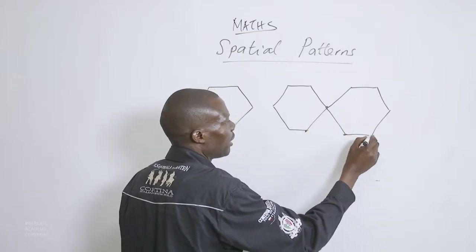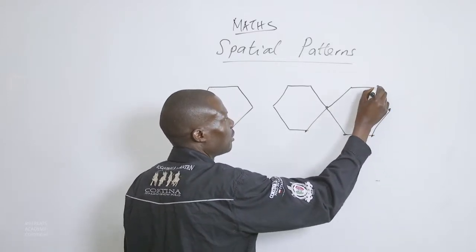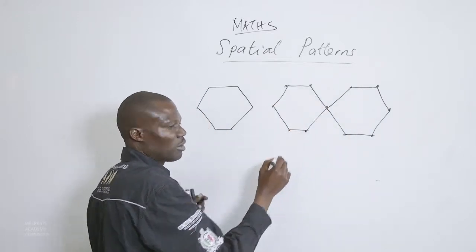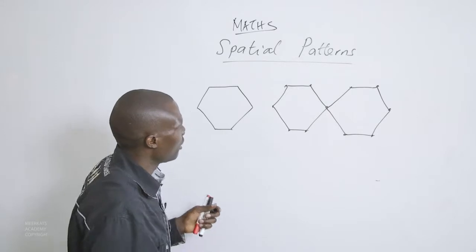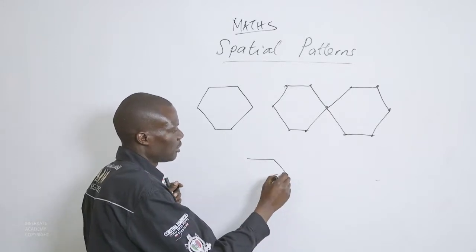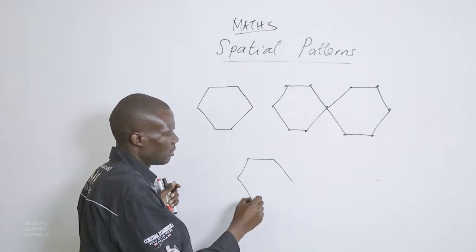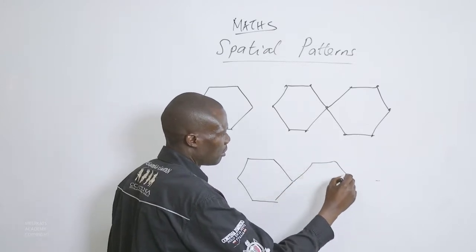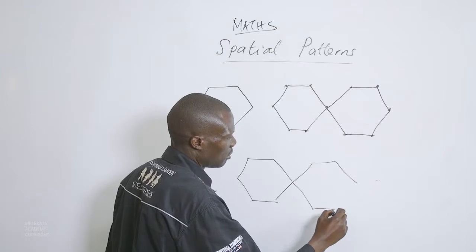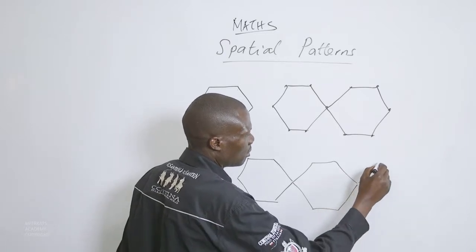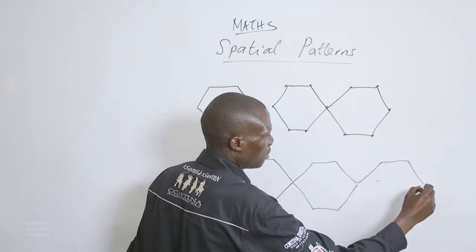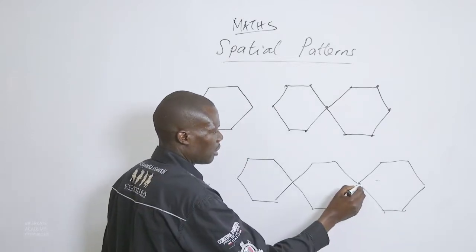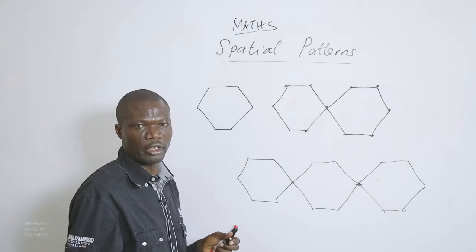Every corner is a stick on its own. And we go on, and if we had 3 hexagons, we have 3.